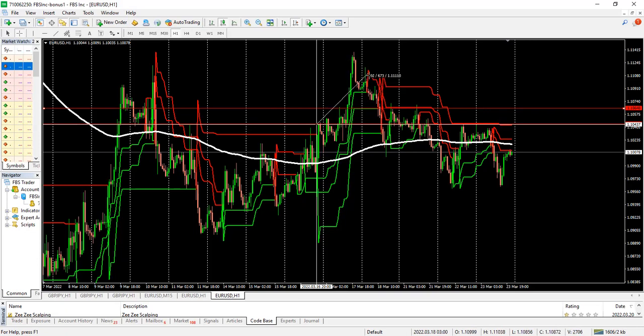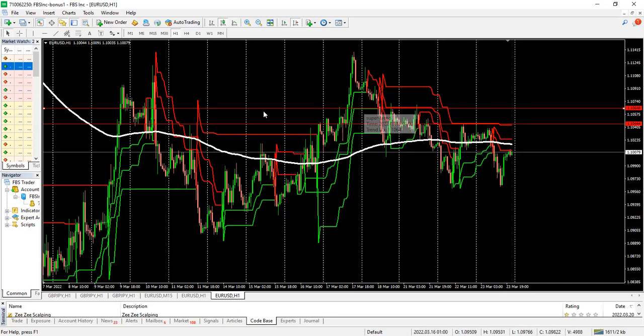You can also wait for it to cross back inside the super trend. So as soon as one of the super trends changes to color red, you close the trade. If I follow that strategy, I'm closing the trade at about 40 pips. So that is a profitable trade, a typical example of a buy trade.